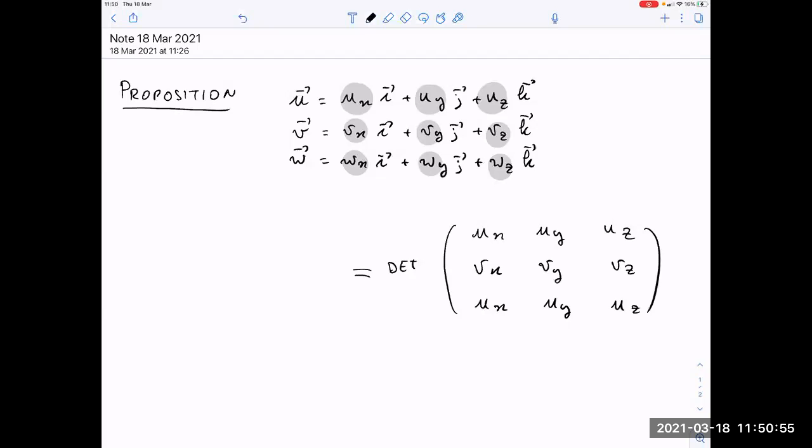What is interesting? Well, that the number I obtain computing this determinant is nothing more than the mixed product of the vectors. Okay, so the determinant you compute this way is nothing more than the mixed product of these vectors.